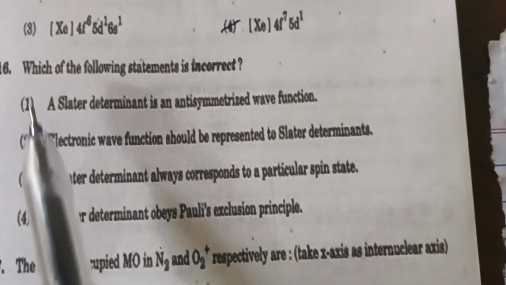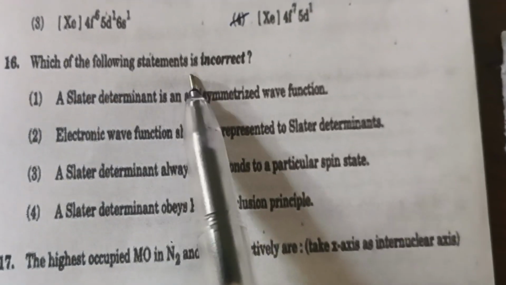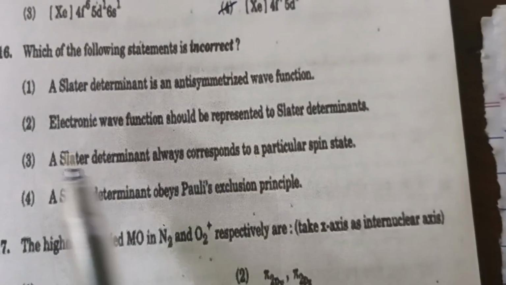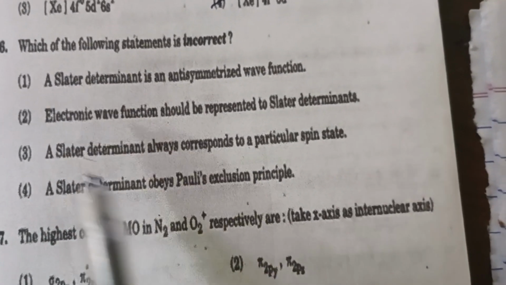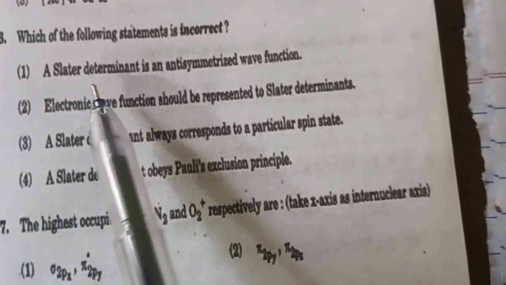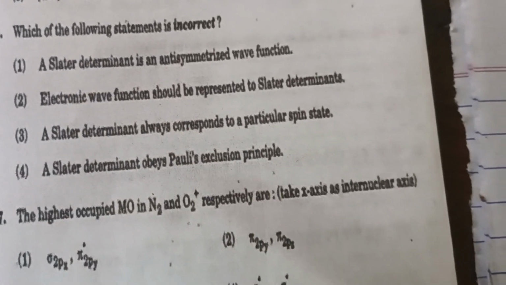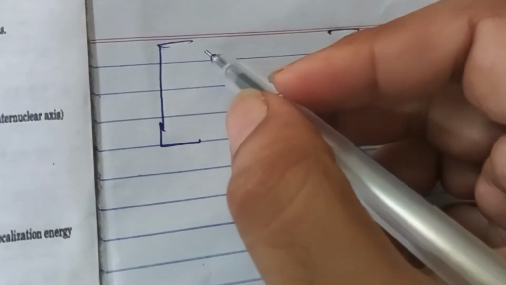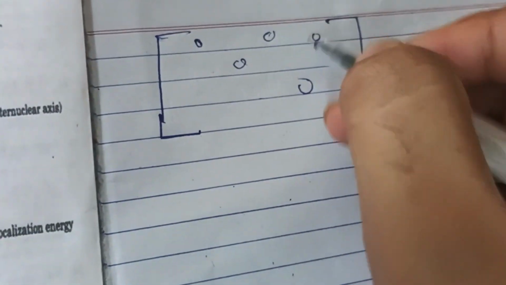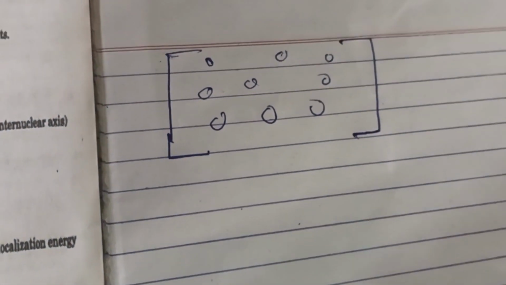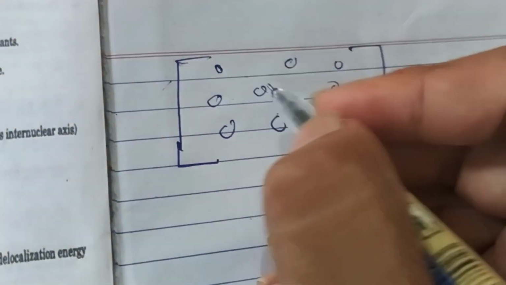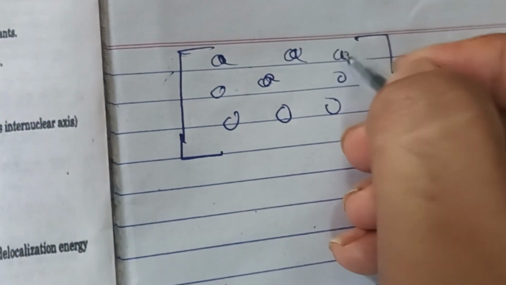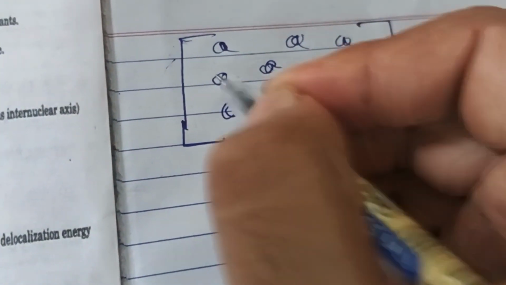Next, question number 16: which of the following statements is incorrect? Here they are discussing the Slater determinant. First of all, we have to know what a Slater determinant is. A Slater determinant is a matrix or determinant which contains a number of terms.